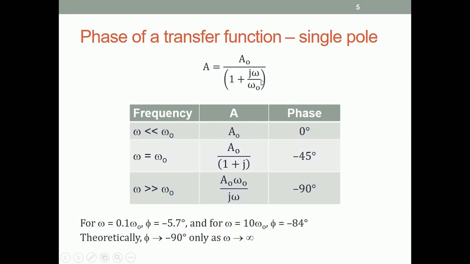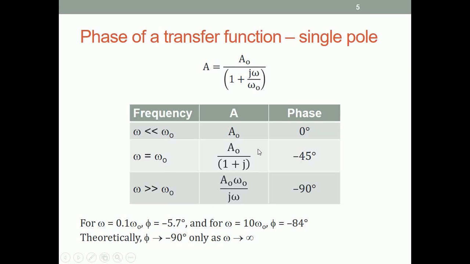When omega is equal to omega 0, then this is 1, so we get 1 plus j. The phase of 1 plus j is tan inverse 1, and since it is in the denominator, we get minus tan inverse of 1.